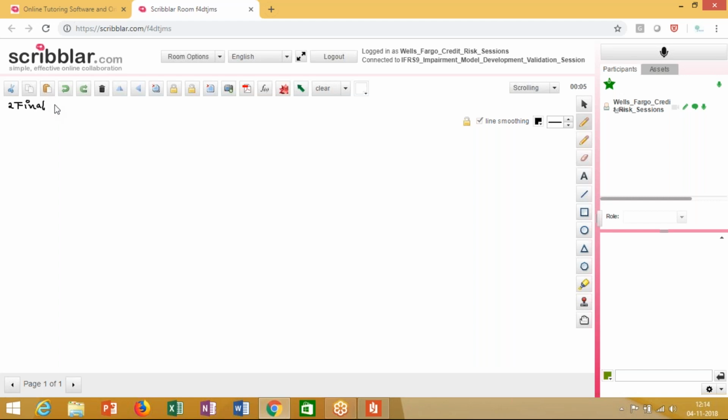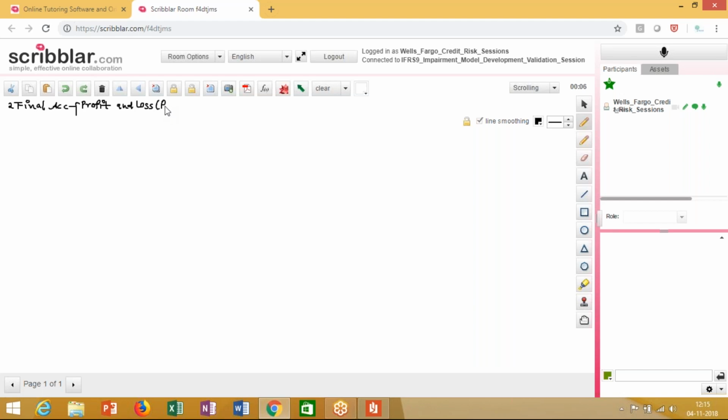So over here, for Sephora Bank, we will mostly be concerned with two major final accounts. One is the P&L statement, or the profit and loss statement.